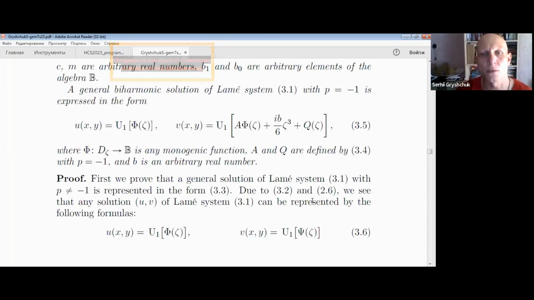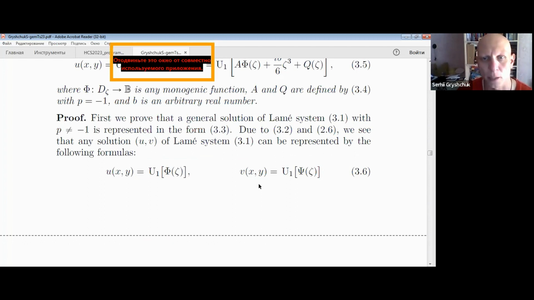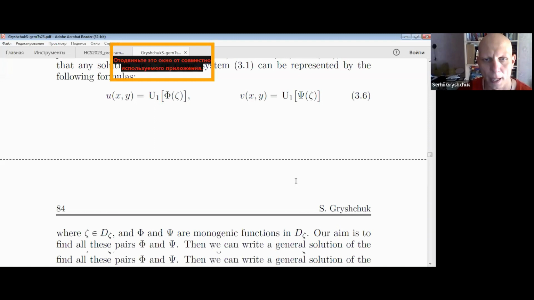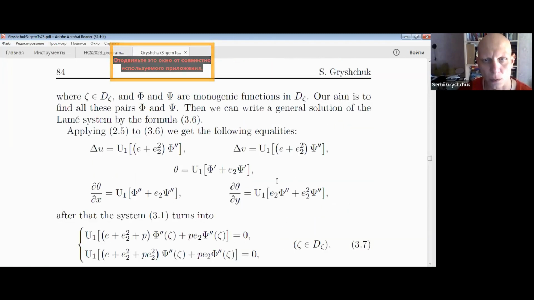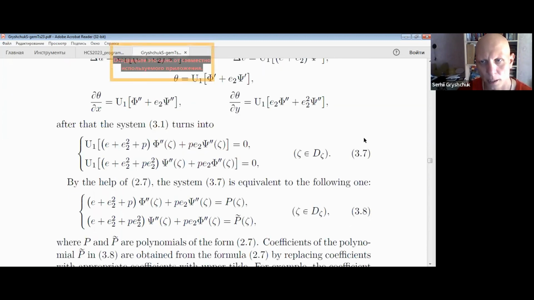The sketch of the proof is the following. We are looking for the solutions u and v as the first components of appropriate monogenic functions. We can do it by the fact that for a simply connected domain, any biharmonic function can be defined as the first component of such monogenic functions. Then we obtain relations for differential operators, transform to the Lamé system and go to the system 3.6.